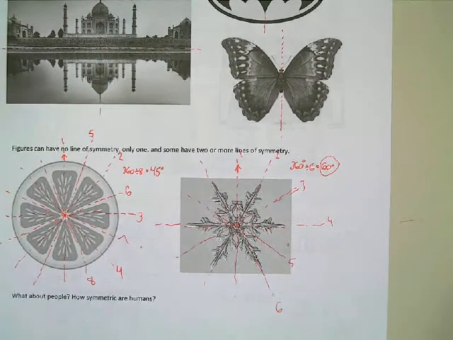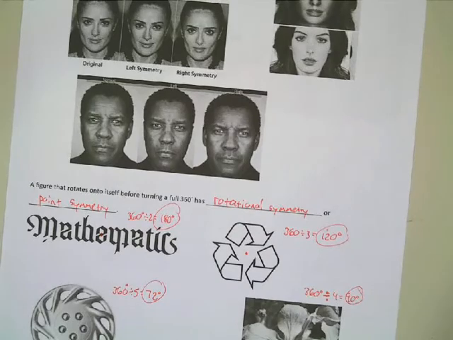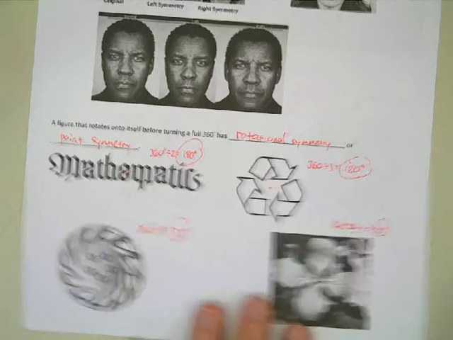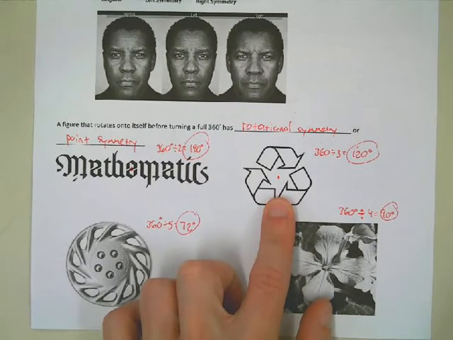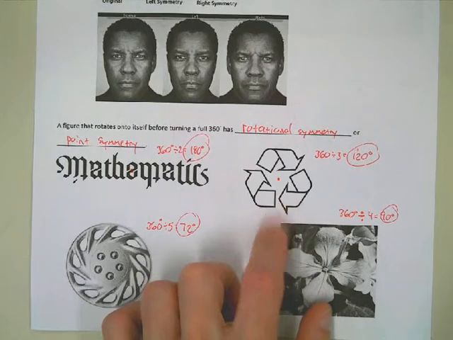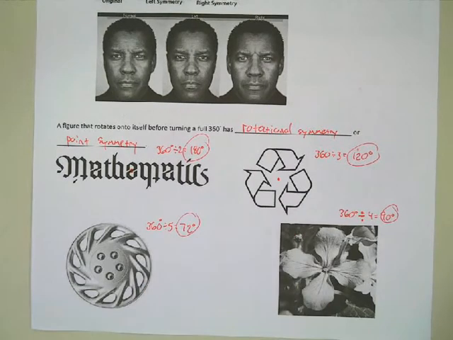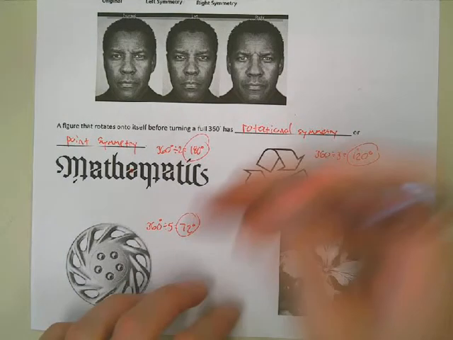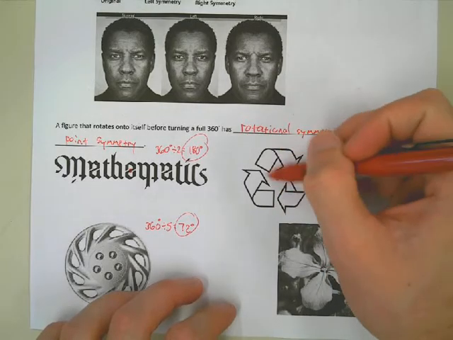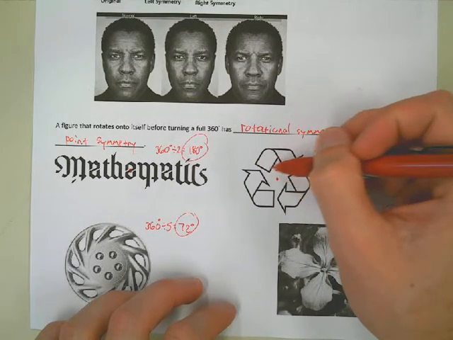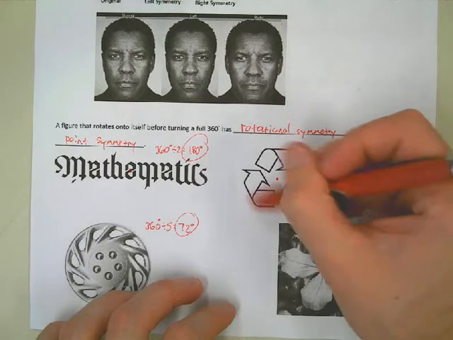And of course, some of these have line symmetry too. For example, what about this recycling symbol? Does it have line symmetry? Well, if I were to draw a line down the middle, like this, I'd have a flat side here trying to reflect over to an arrow side here. So does this have line symmetry? Not really, not exactly.